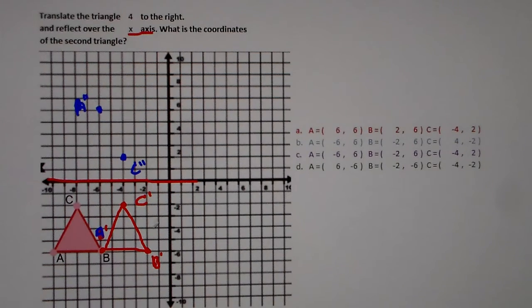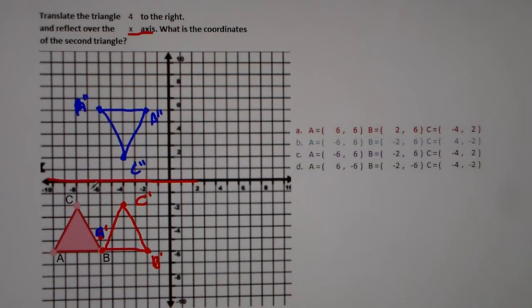And B double prime, well that's also 6 below, so we go 6 above. Right there is our B double prime. We connect them up, and our blue triangle is the composition of 2 transformations of this pink one. The pink one shifted over to the right, which became the red one, and then we reflected over the x-axis, which made it the blue one.